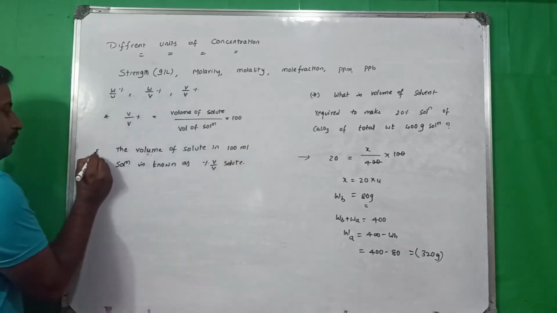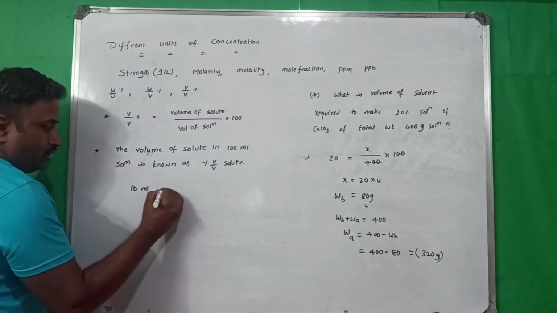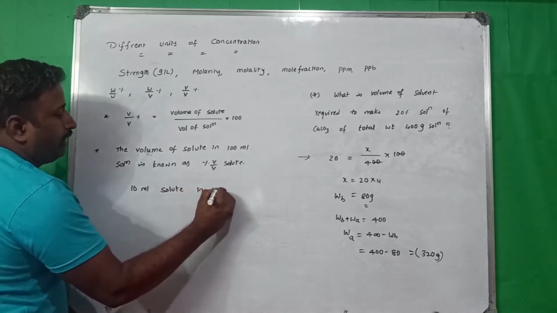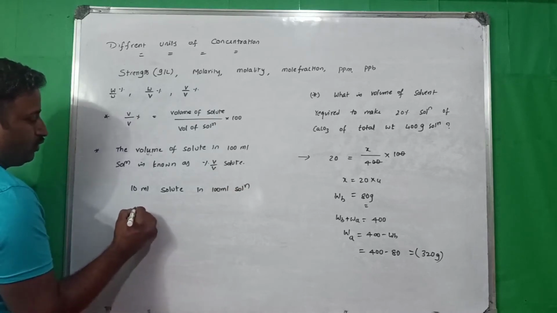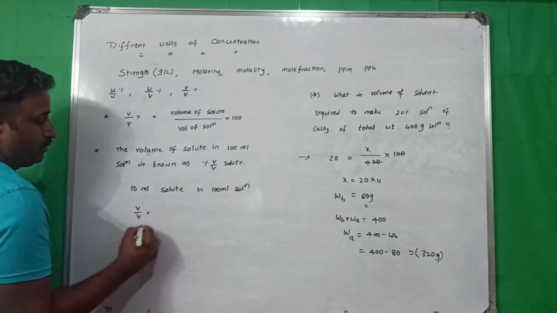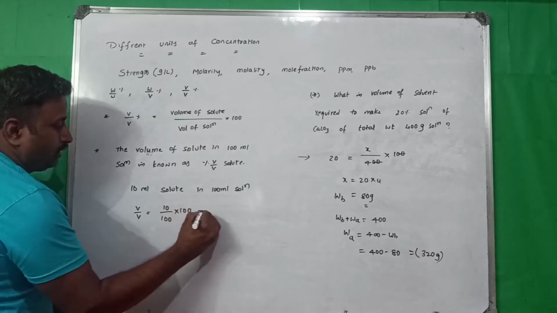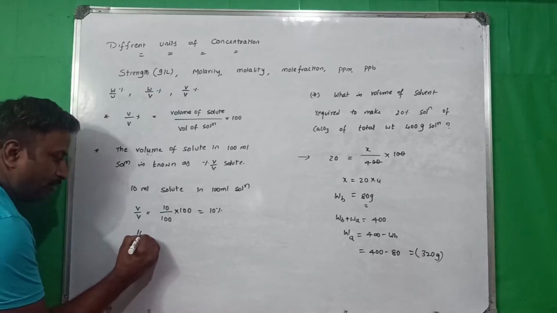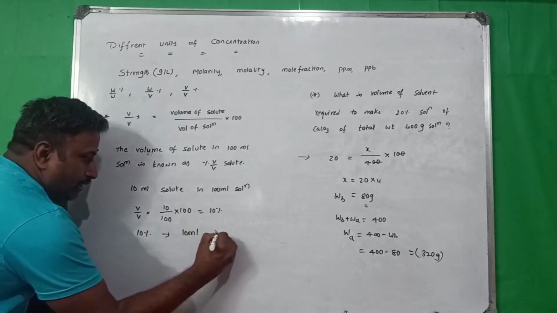Let's take a simple example. I have dissolved 10 ml solute in 100 ml solution. Then percentage volume by volume is equal to 10 upon 100 into 100, that is 10%. That means 10% is nothing but 10 ml in 100 ml.